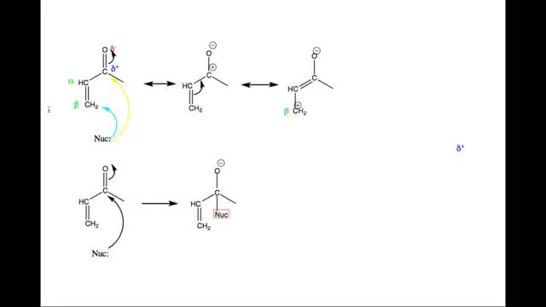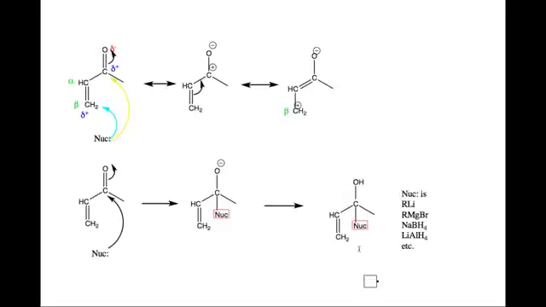Normally this intermediate then would undergo protonation in a second step, and we would end up with an alcohol product. This is the same direct nucleophilic addition that we've seen for reagents such as sodium borohydride, Grignard reagents, and so forth in the previous chapter.